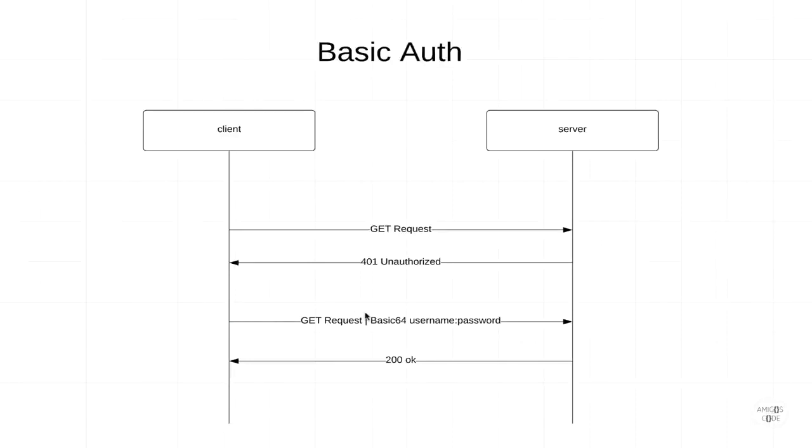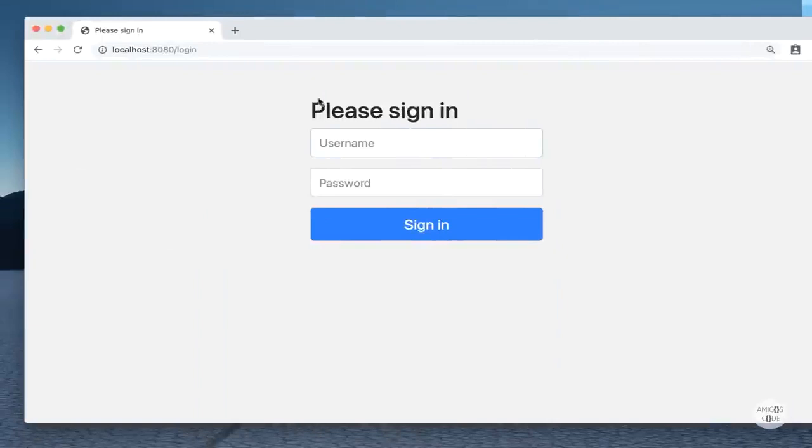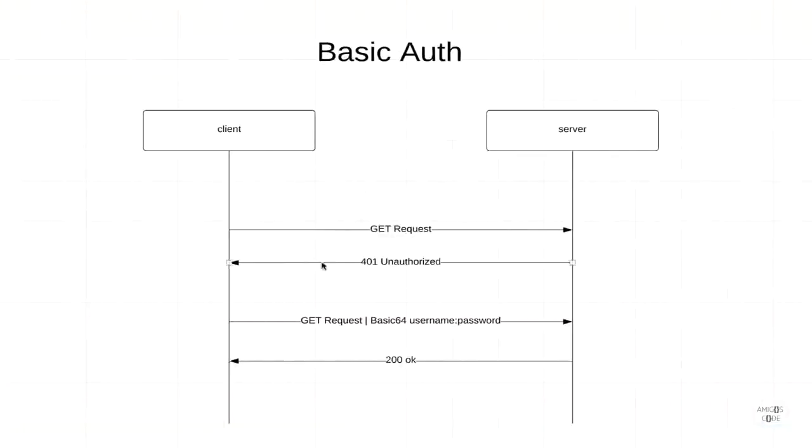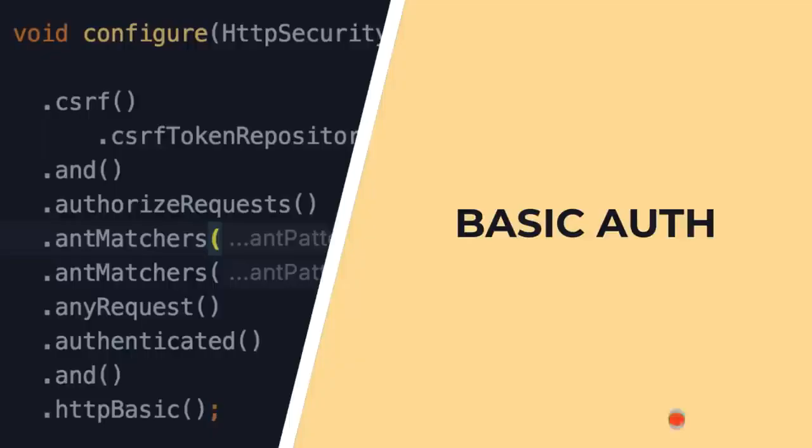And if you have a modern application, for example this web app, you don't want the user to send the username and password for every single request, right? So this is usually good when you are accessing external APIs. Let's go ahead and learn exactly how to implement basic auth with Spring Boot.